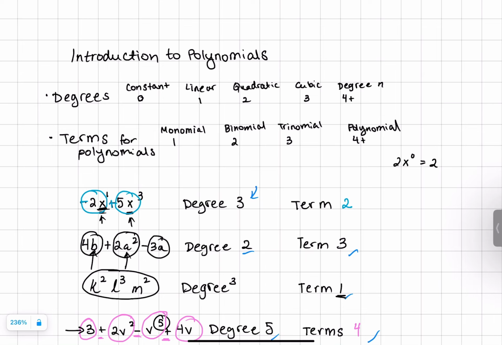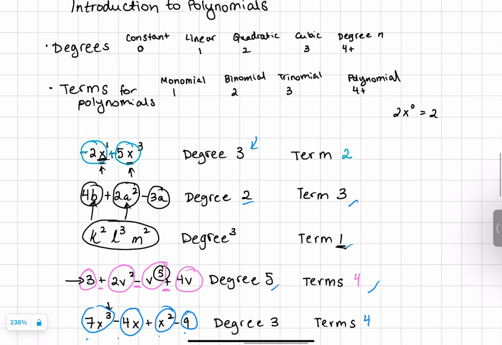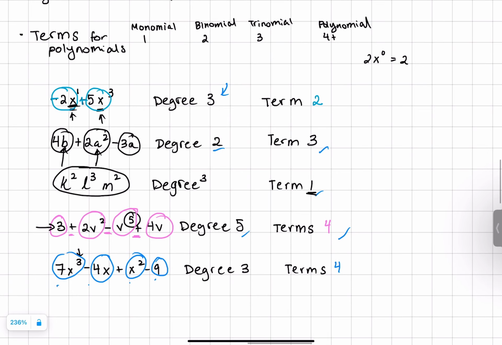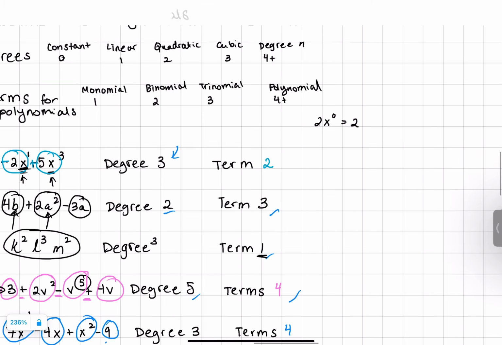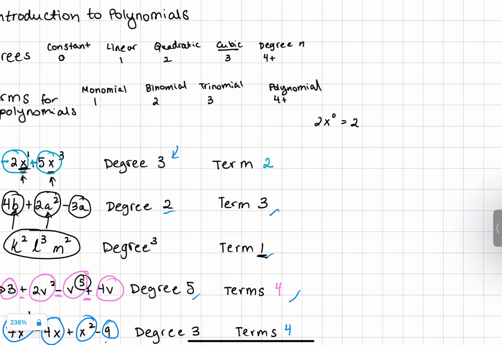So let's name these polynomials. The first one over here has a degree of 3, so it would be cubic. So we say the degree first, so we'd say cubic.